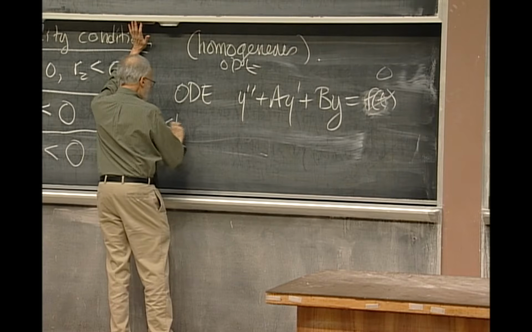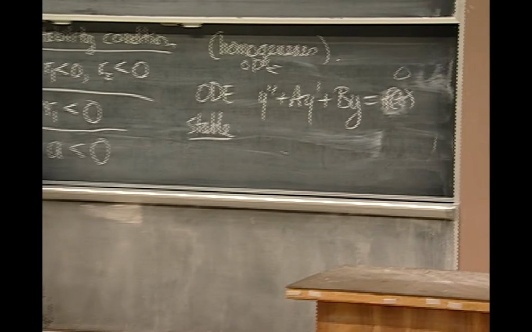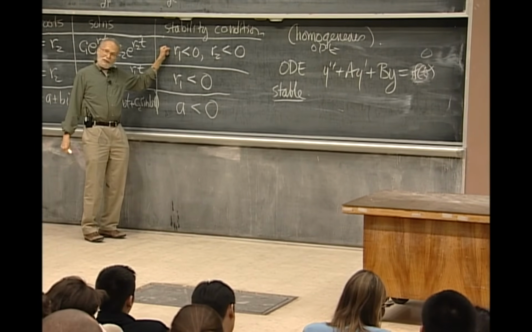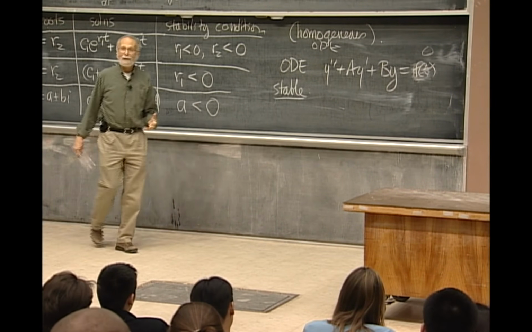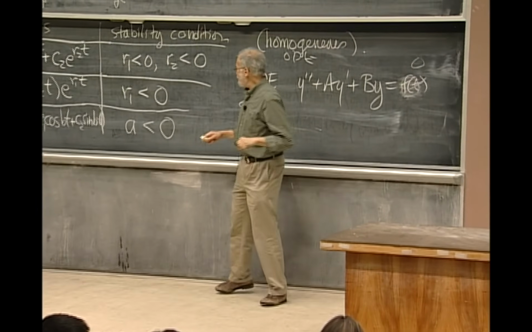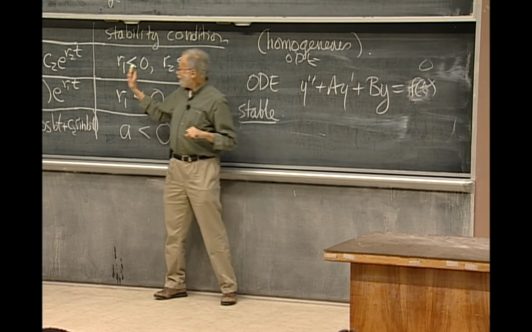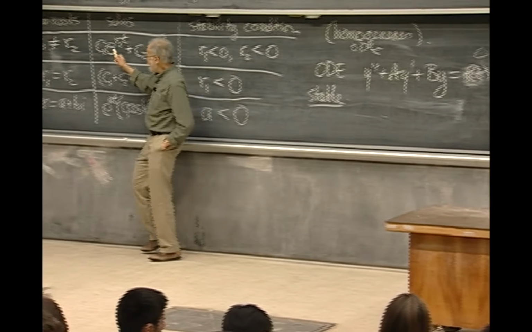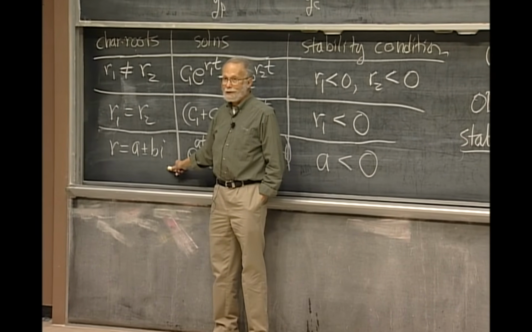Is stable if what? If in case 1 this is true, in case 2 that's true, in case 3 that's true, but that's ugly. Make it beautiful. The beautiful way of saying it is if all the characteristic roots have negative real part.